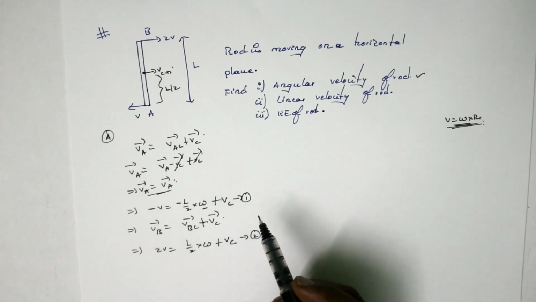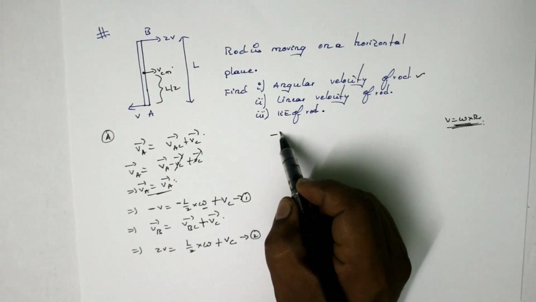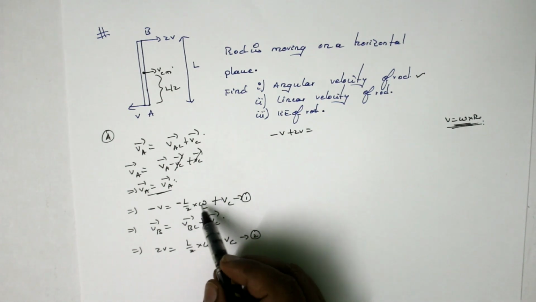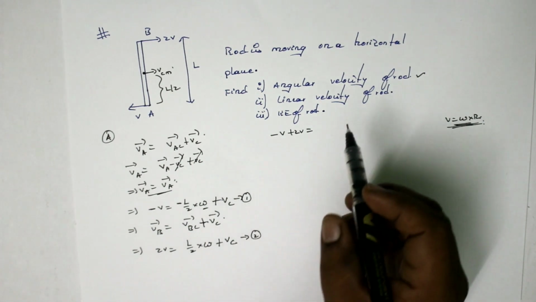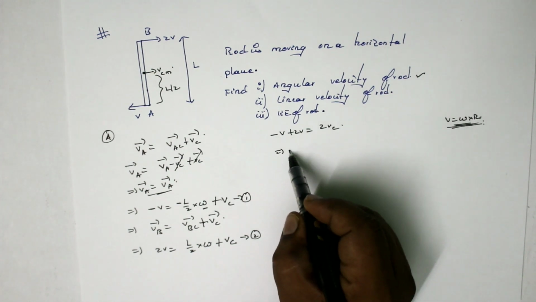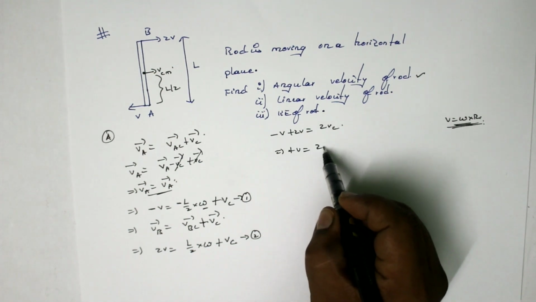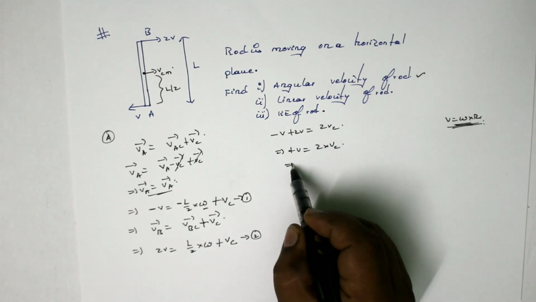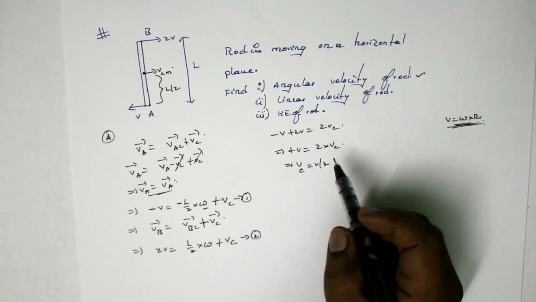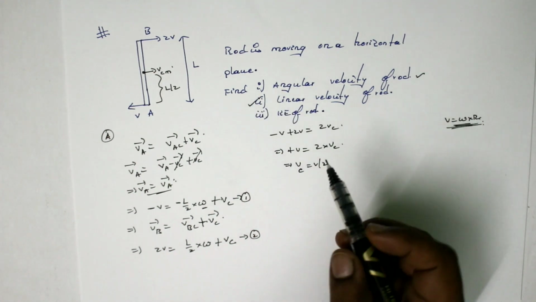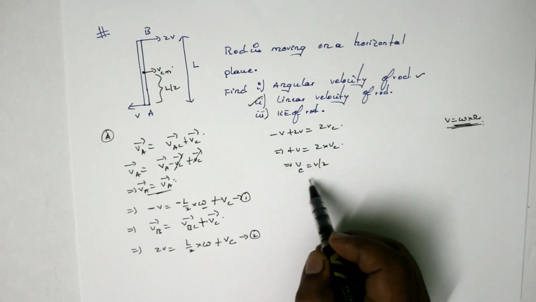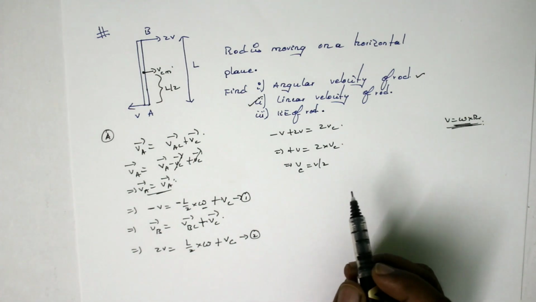If I add these two equations, let us see what I will get. Minus V plus 2V equals, L by 2 into omega minus L by 2 into omega gets cancelled, so I get 2VC. Therefore V equals 2 into VC, so VC equals V by 2. And this is my answer for the second question: the velocity of center of mass of the rod, or linear velocity of the rod, is V by 2.